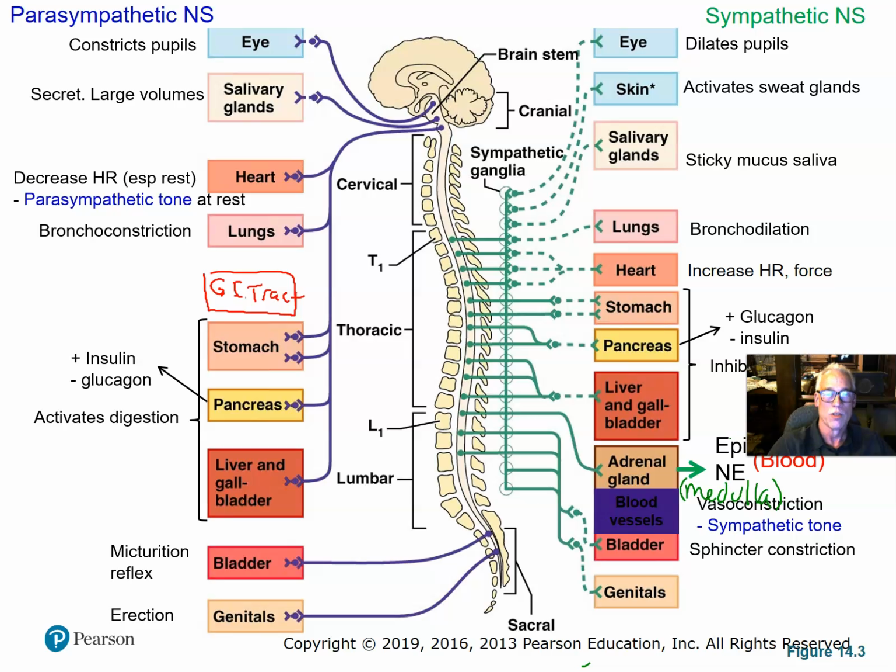The one instance where the two divisions work in cooperation: the parasympathetic nervous system causes vasodilation that leads to erection of the genitals, and the sympathetic nervous system promotes reflexes of ejaculation and vaginal peristalsis. So these two systems work together to complete the sexual function so that procreation can be possible.